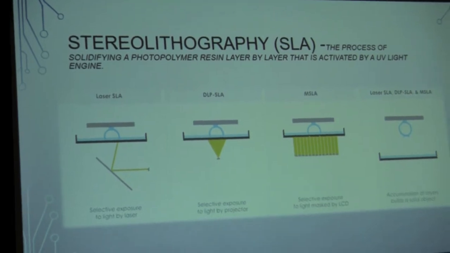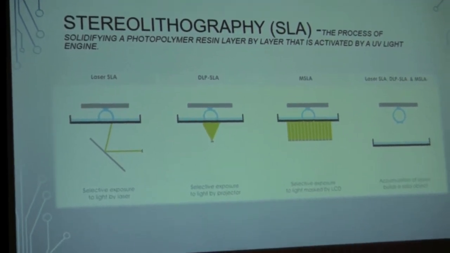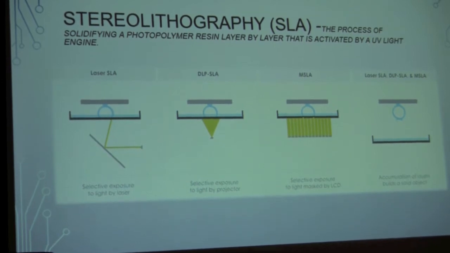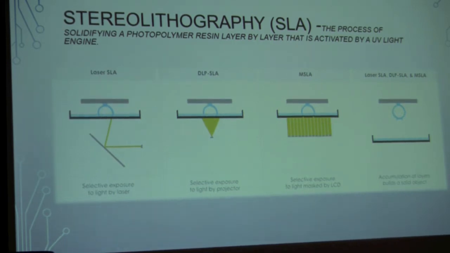So when this technology first came out, it started off as stereolithography laser, but now it has evolved to DLP stereolithography, which we will cover a little bit more of a breakdown of that. And then an even newer technology that you've seen come out is mask SLA. So it actually uses an LCD mask to block light and allow light to bleed through.